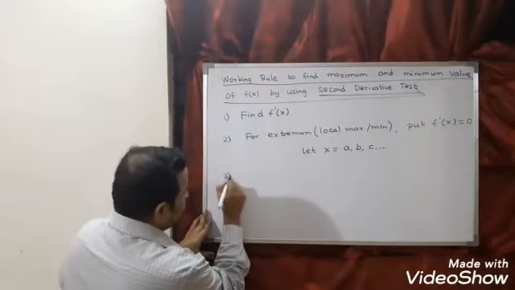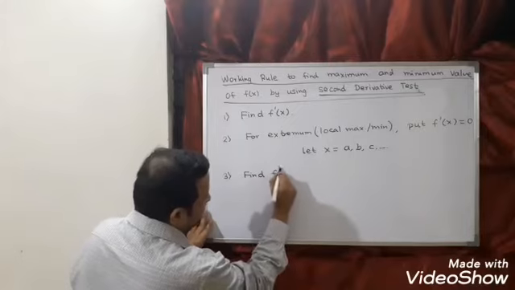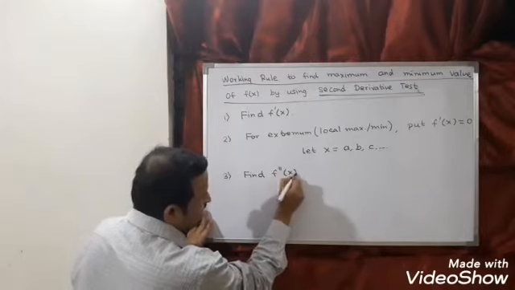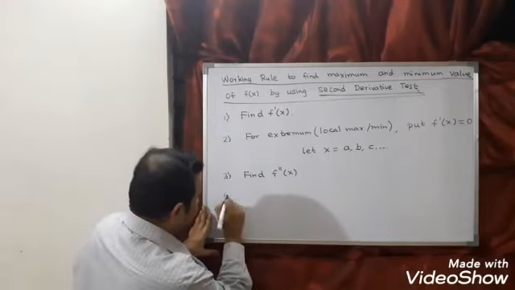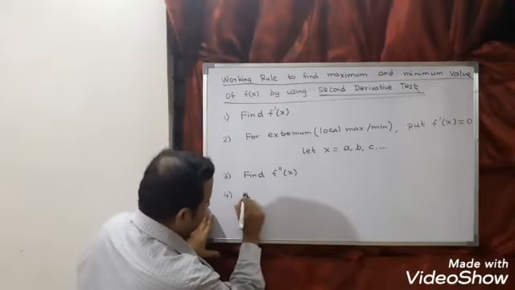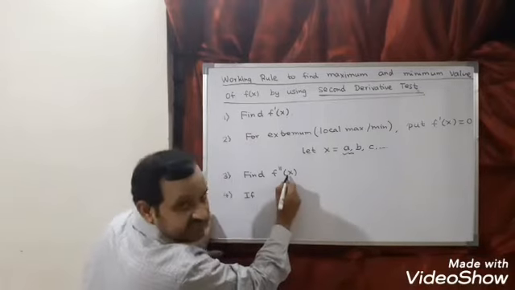Third step is find f double dash x, the second order derivative. And fourth step is: take the first point and put in this.